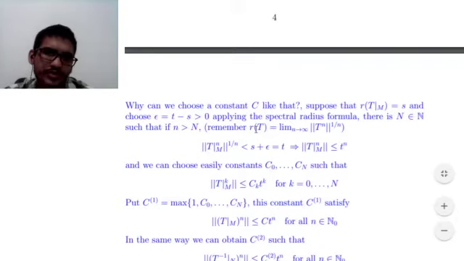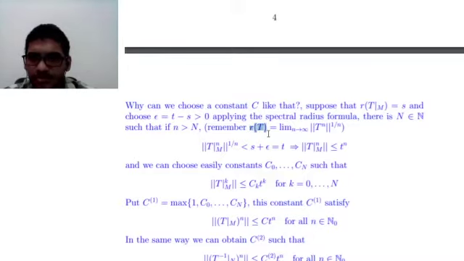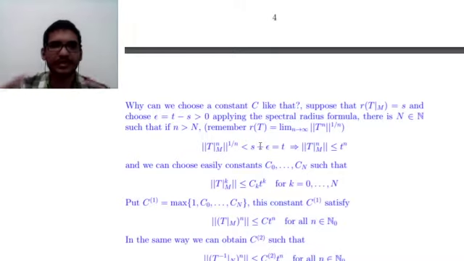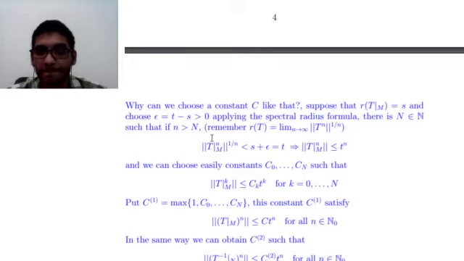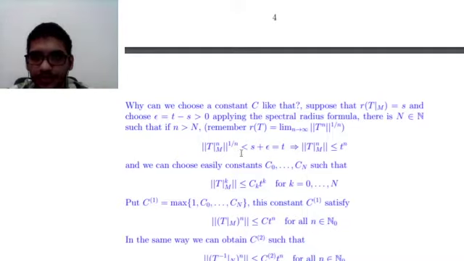Okay, remember that the spectral radius formula asserts that this in the limit goes to S. If you put an epsilon, there exists a capital N in N such that if n is greater than capital N, you will have this situation here, okay?